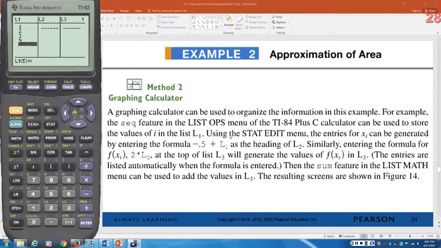And then using the edit menu, the entries for x equals 1, for the first x sub i, the midpoint from 0 to 1 is going to be minus 0.5 plus the values in list 1. I will use that, but you don't have to. Because what you're actually going to do here is you're going to take the value in list 1, which is 1, minus 0.5.